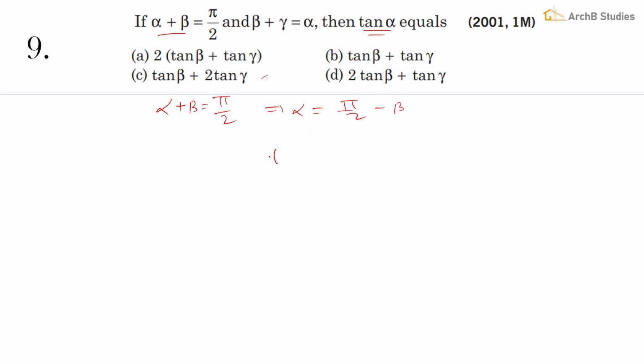Now tan alpha will be equal to tan of pi by 2 minus beta, which is cot of beta. So tan alpha is equal to cot beta.